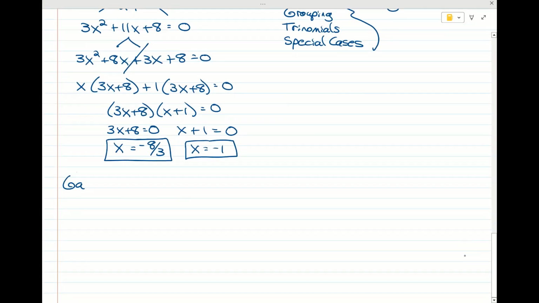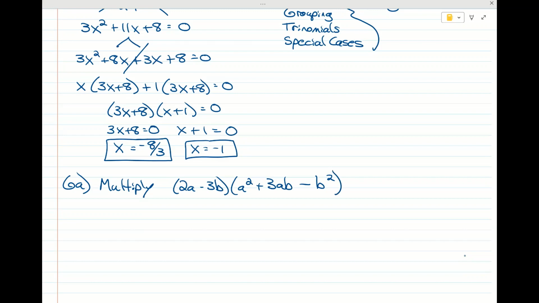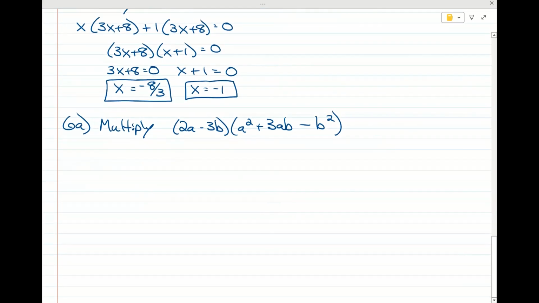Next problem, we'll call it 6a. I'm going to ask you to multiply 2a minus 3b times a squared plus 3ab minus b squared. So a binomial times a trinomial.